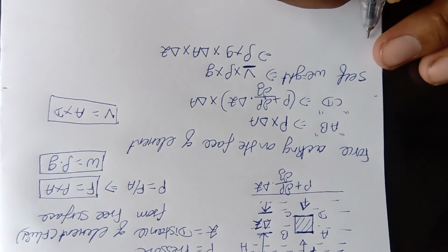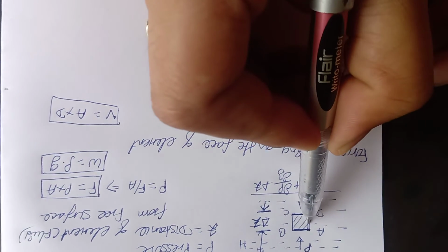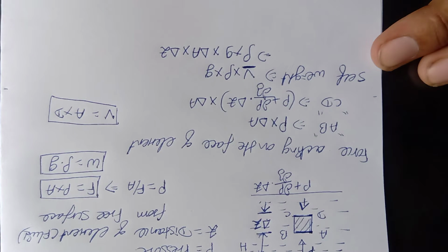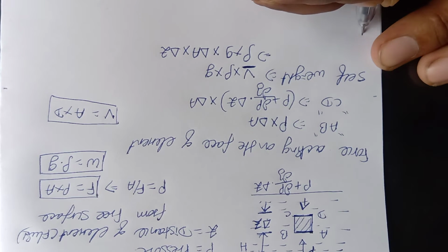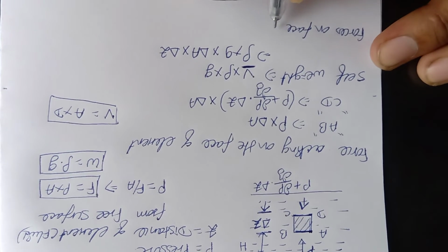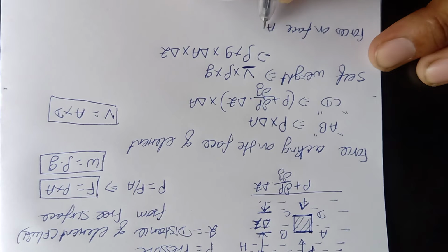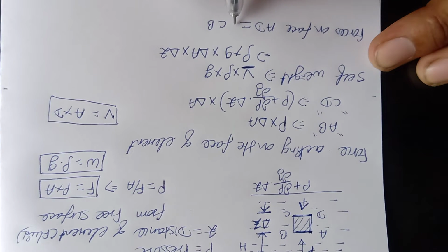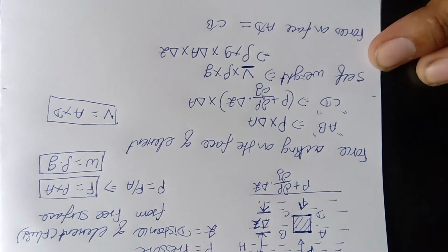Now see, forces on the sides AD and BC will be the same but in opposite directions. So those two forces will cancel each other. Means forces on face AD are equal to forces on CB, but they are in opposite directions, so this will be cancelled.